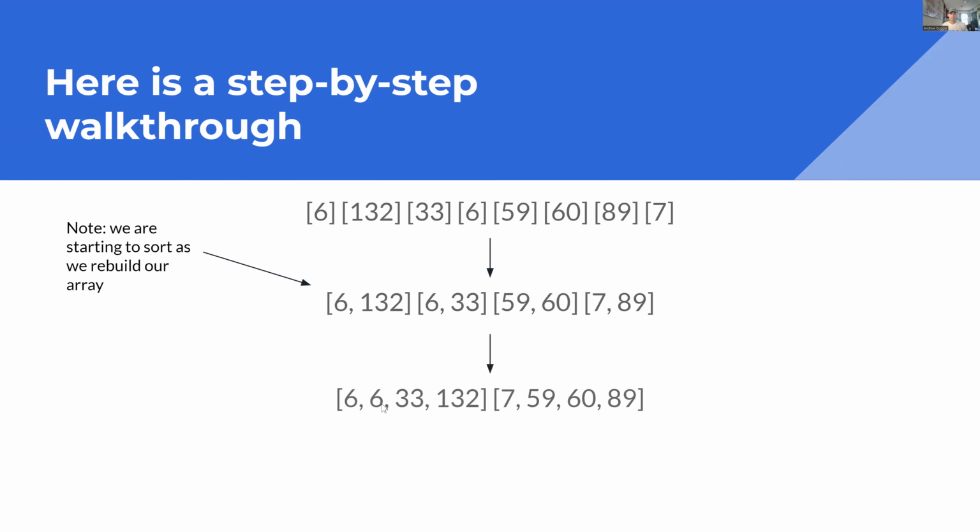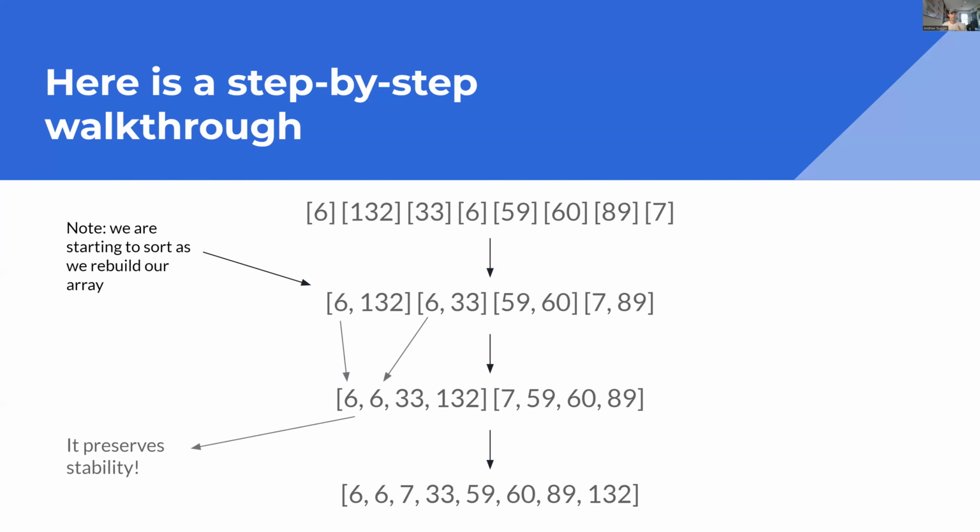And then we continue. Now we can combine these two arrays, 6, 132, 6, and 33, and that becomes 6, 6, 33, and 132, until you get your final sorted array: 6, 6, 7, 33, 59, 60, 89, and 132.